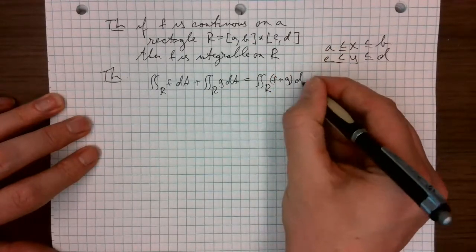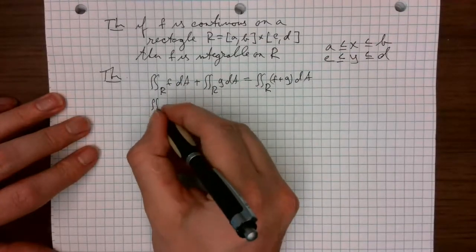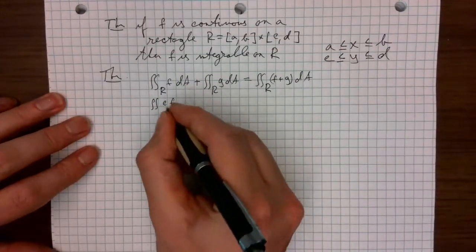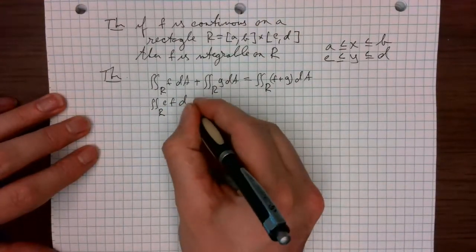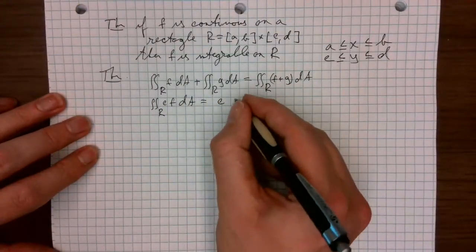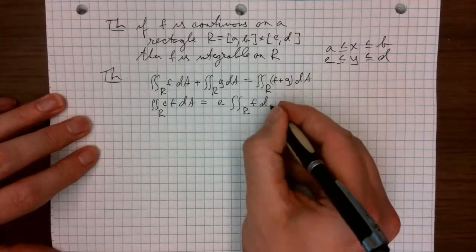I just sum the functions. And similarly, if I multiply by a constant, where c is a constant, this is just the constant times the integral, right?